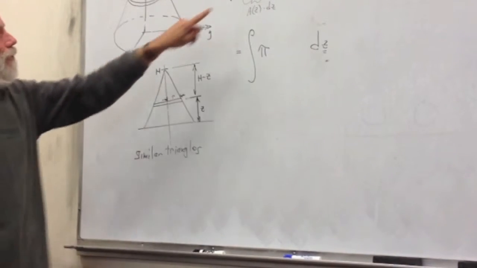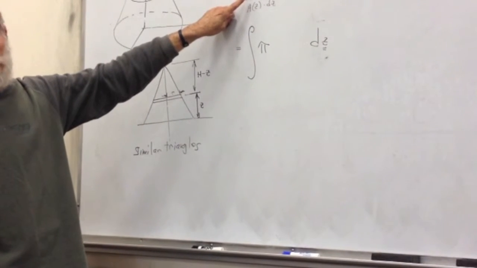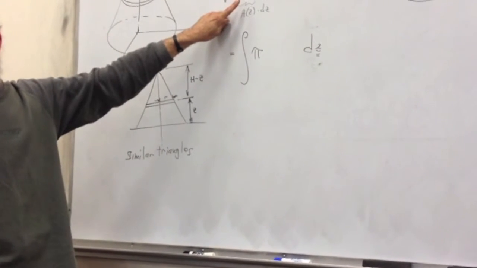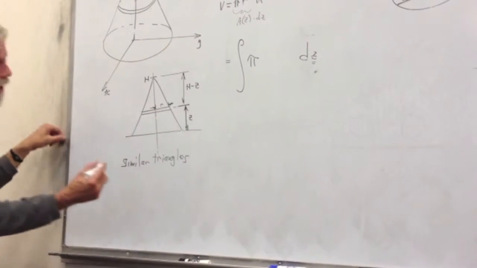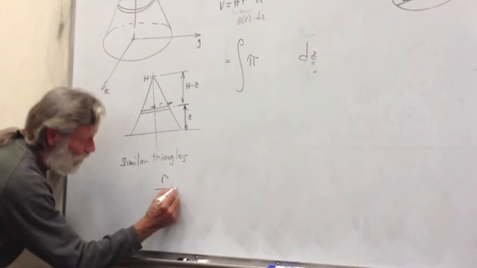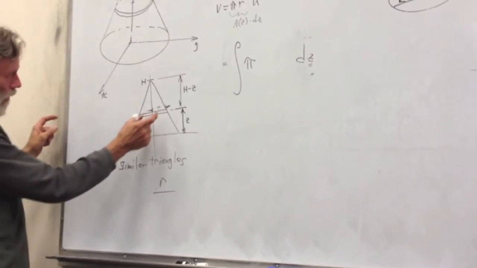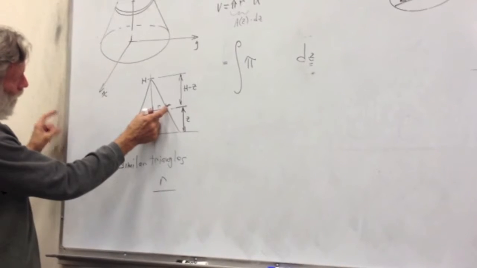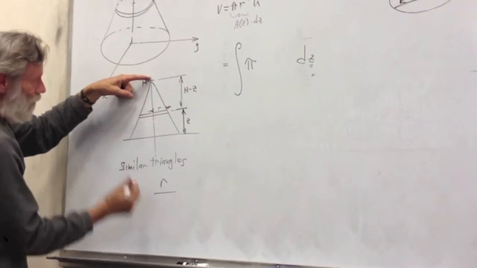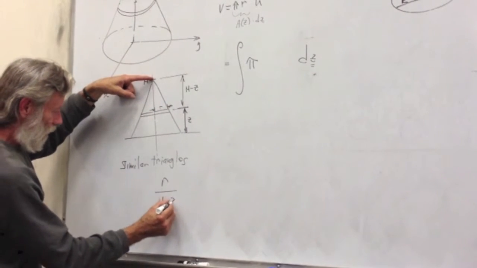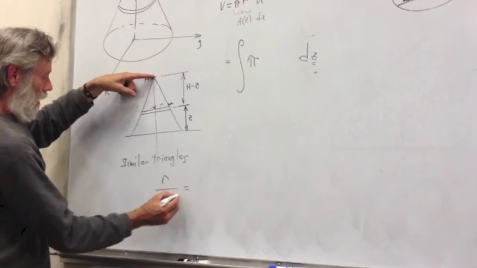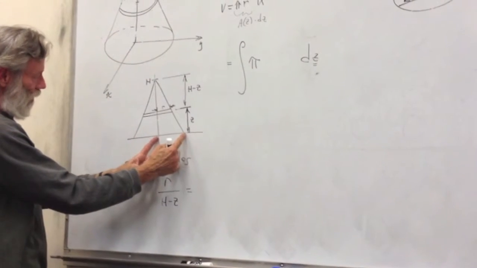what am I trying to do? I'm also trying to convert r to z. If I'm going to convert r to z, it's best to start your similar triangles by saying r is to something, whatever is to whatever. So what r would be on the little triangle is to the height of the little triangle. So h less z is like what? This value.